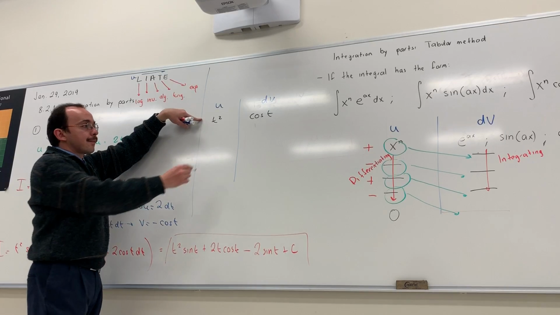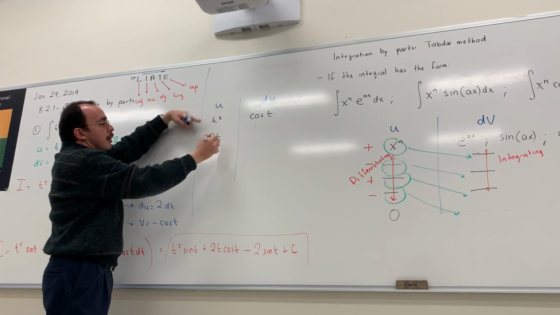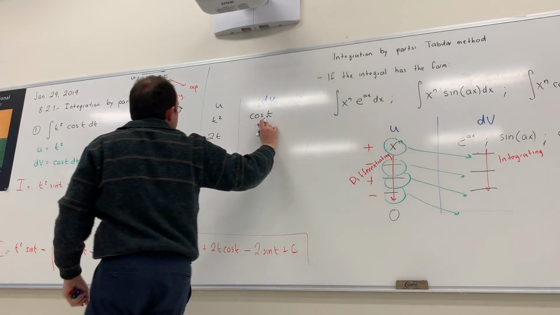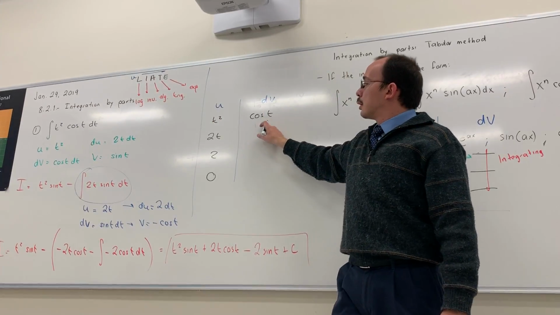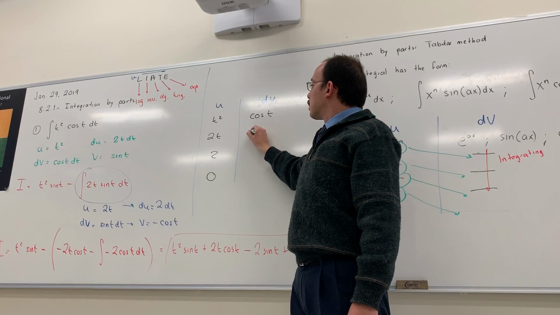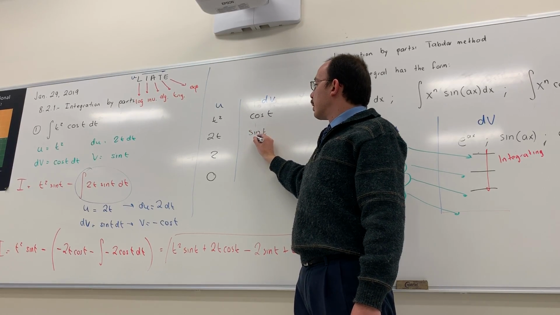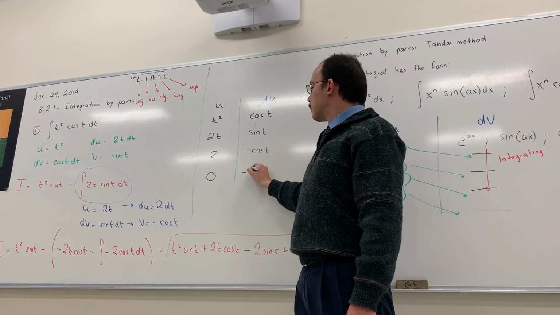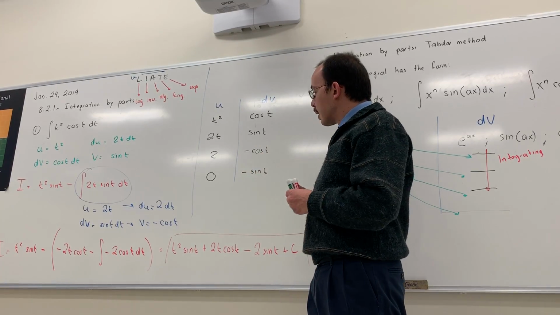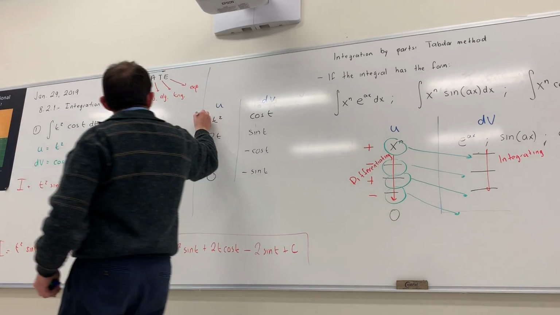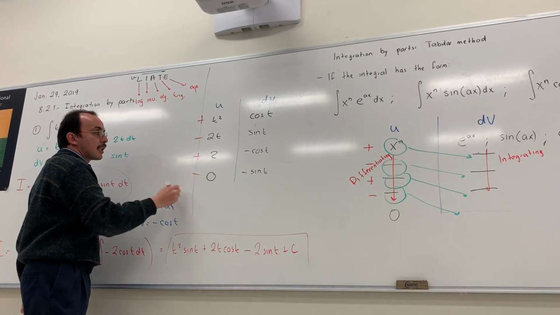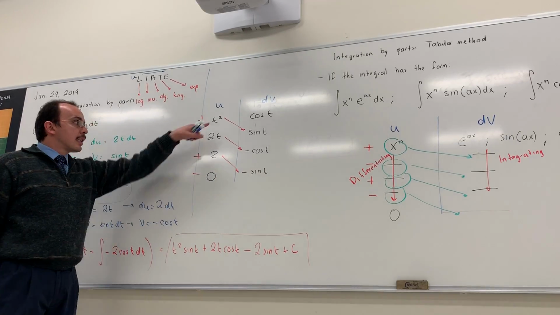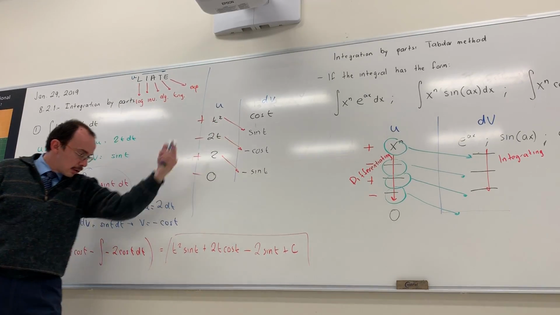Derivative. T, derivative. 2, derivative. 0. Integral. Okay, now, before this one will be plus, minus, and you multiply as this one. So, t squared times sine.